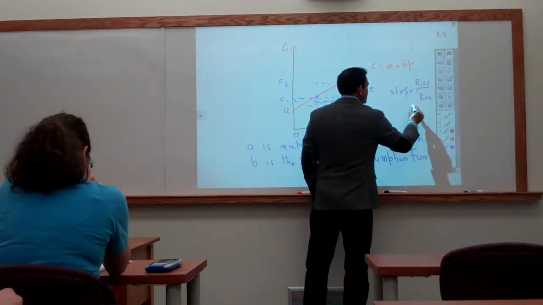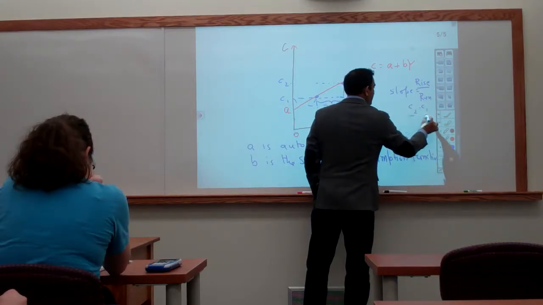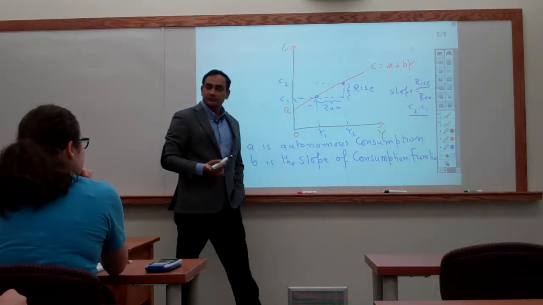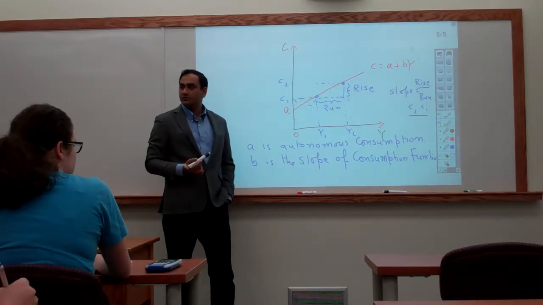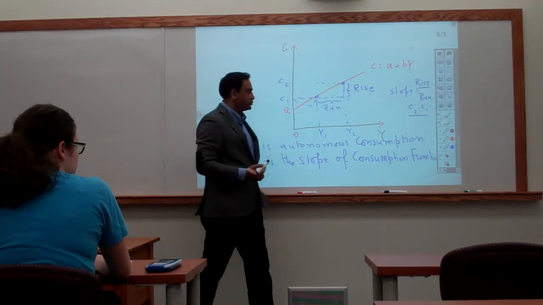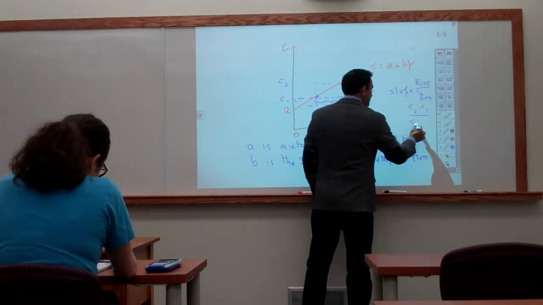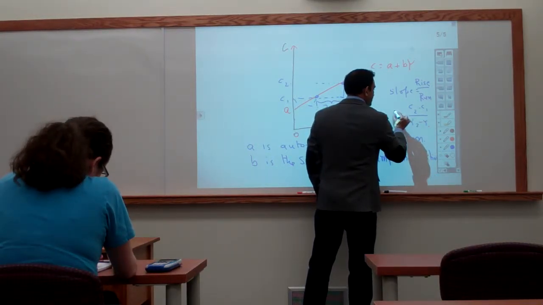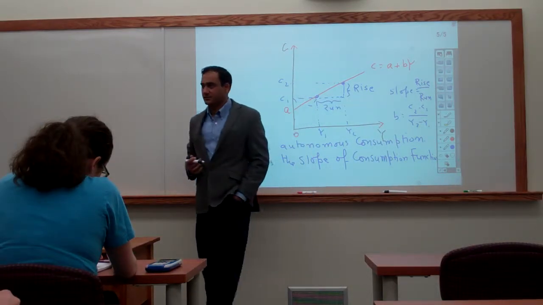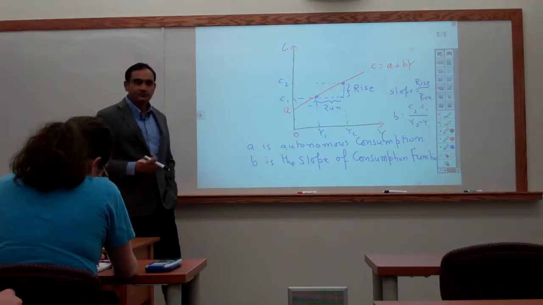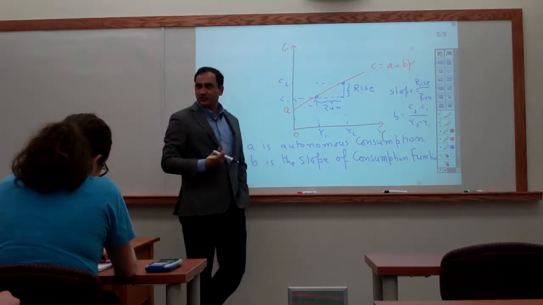And what is run? Y2 minus Y1. That's correct. So that's your formula to calculate slope, and slope is basically B in this. Everybody fine with this so far?